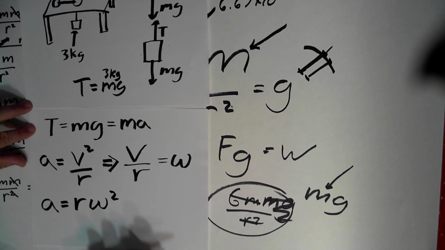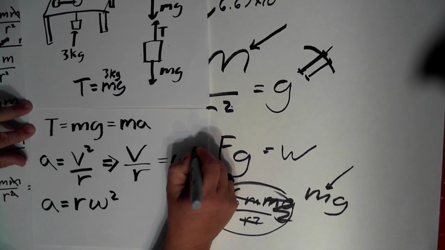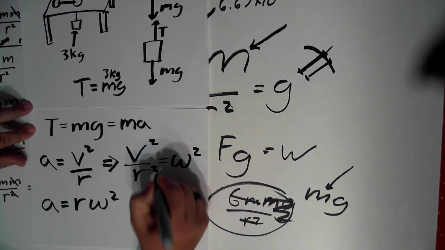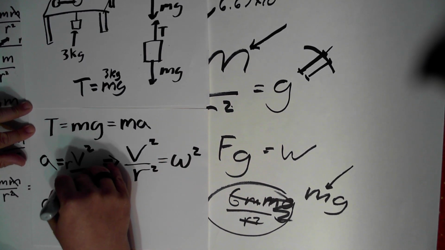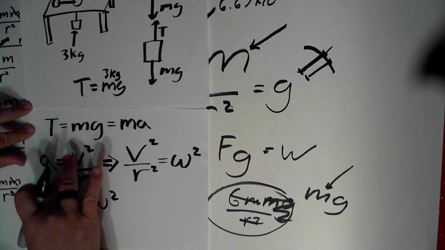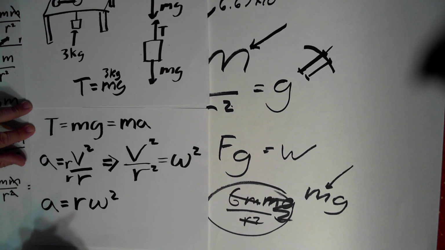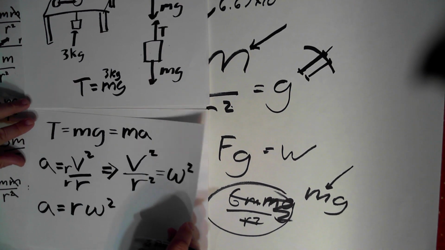Now, all I did was make this omega squared, make that squared, make that squared. And in order for that to work, I needed to multiply by an r on both sides. So that way this v squared over r squared turns into omega squared, and I'm left with an r on top. That's how I get that a is equal to r omega squared.